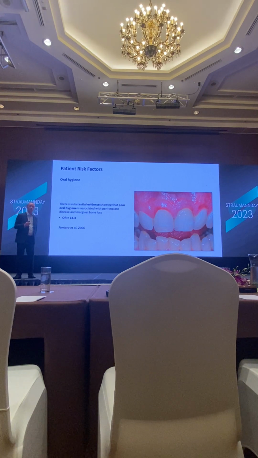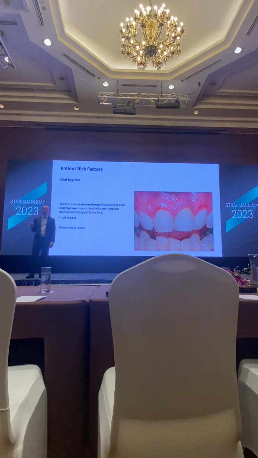You see here a 14.3. That's 1,300% greater chance of developing peri-implantitis with poor oral hygiene. So I'll repeat that. Odds ratio 14.3 means the odds are 1,330% higher for someone who doesn't clean their teeth compared to someone who cleans their teeth.